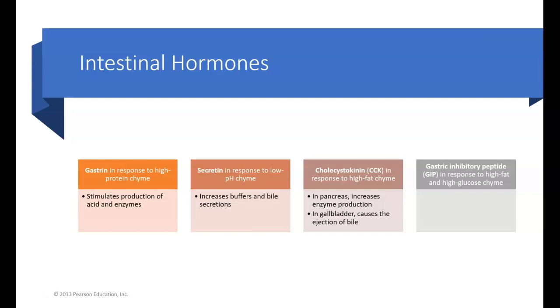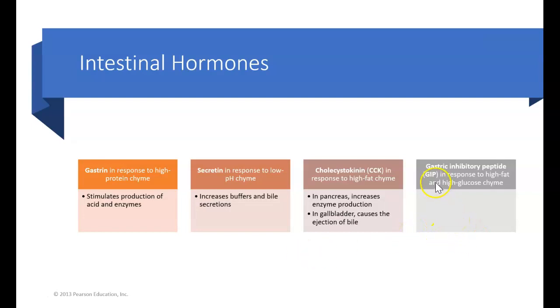CCK is released in response to high fat chyme. In the pancreas, it's going to increase enzyme production, and in the gallbladder, it will cause the ejection of bile. And then GIP will be released in response to high fat, high glucose chyme. So what is making up our chyme will determine which one of these will end up getting secreted.